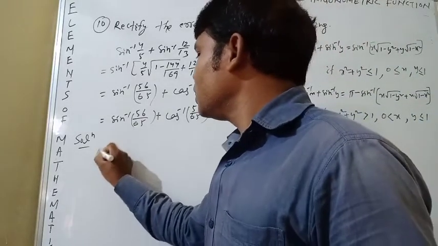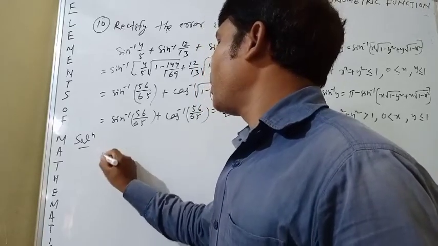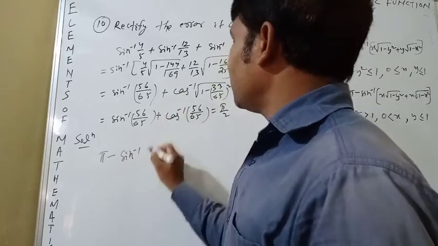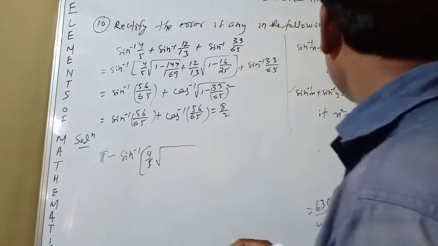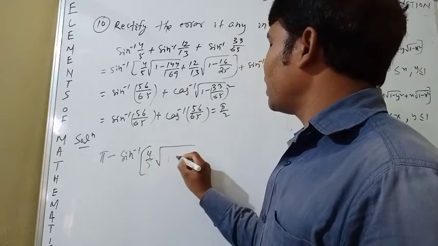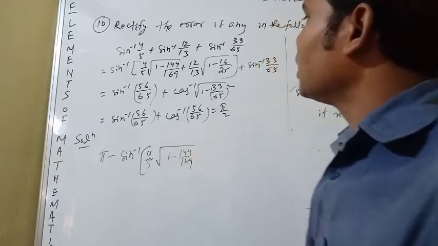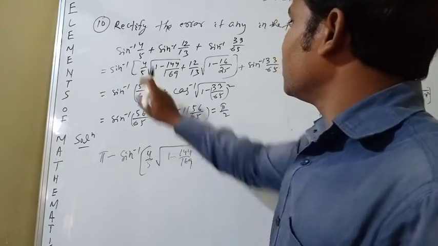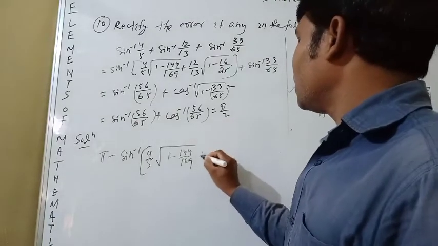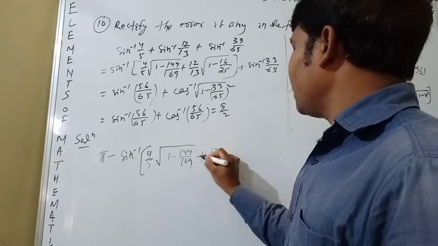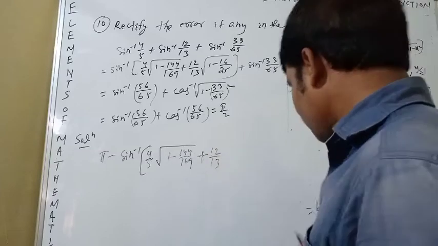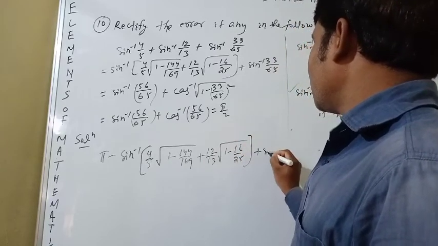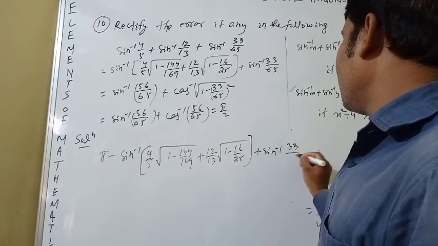This is equal to pi minus sin inverse of x, which is 4 by 5, times root over 1 minus y square, that is 1 minus 144 by 169, plus y times x, that is 12 by 13 times root over 1 minus 16 by 25, plus sin inverse 33 by 65.